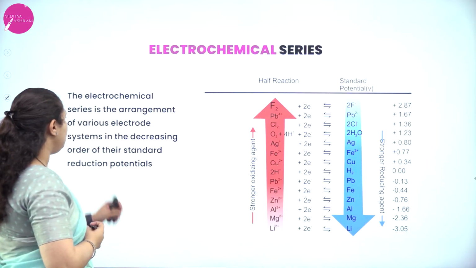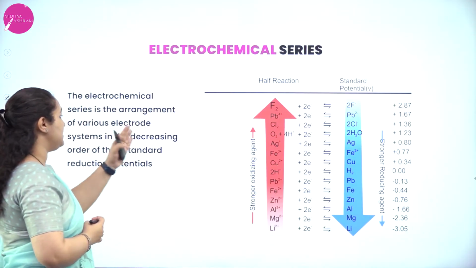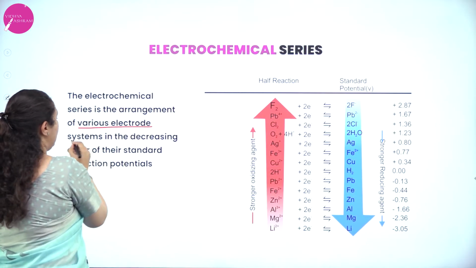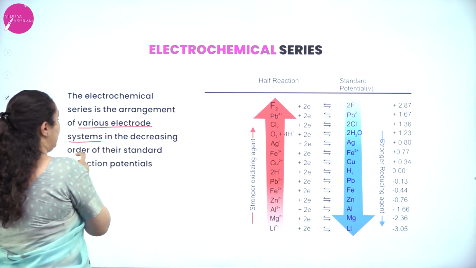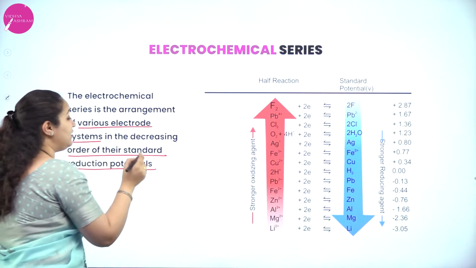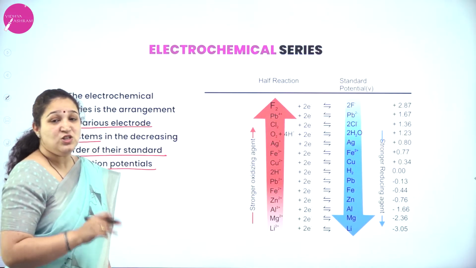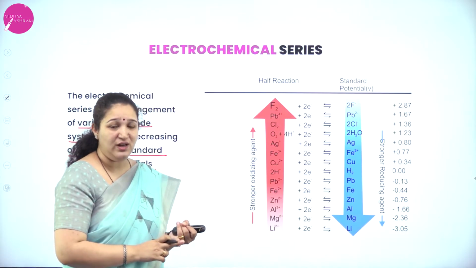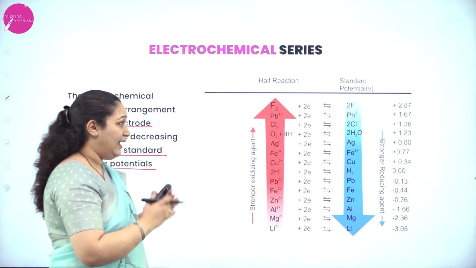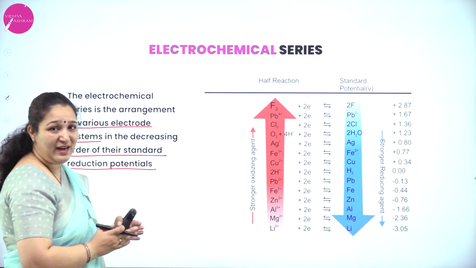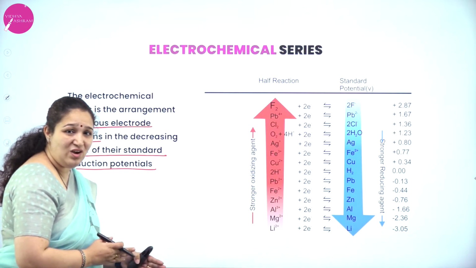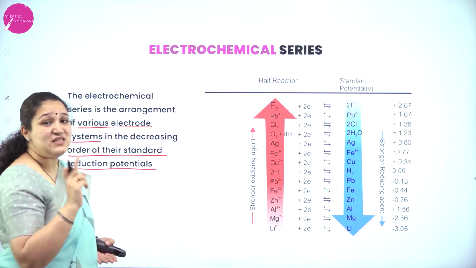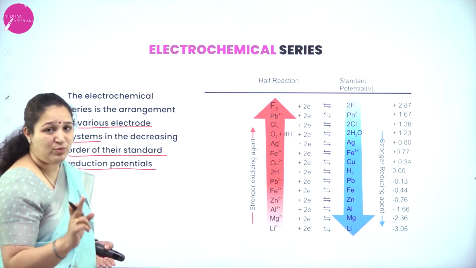The electrochemical series is the arrangement of various electrode systems in the decreasing order of their standard reduction potential. So the standard reduction potential is measured and all the elements are arranged in decreasing order of their standard reduction potential.